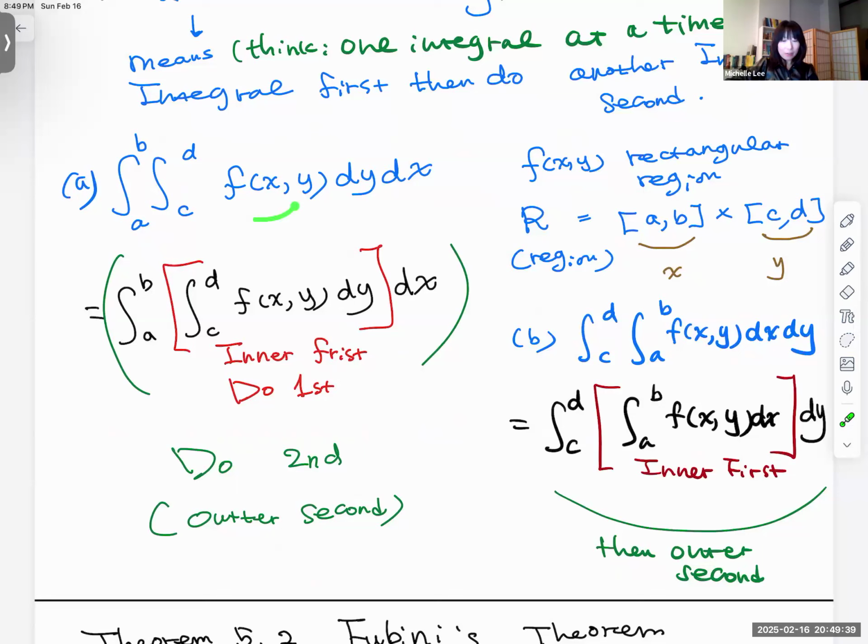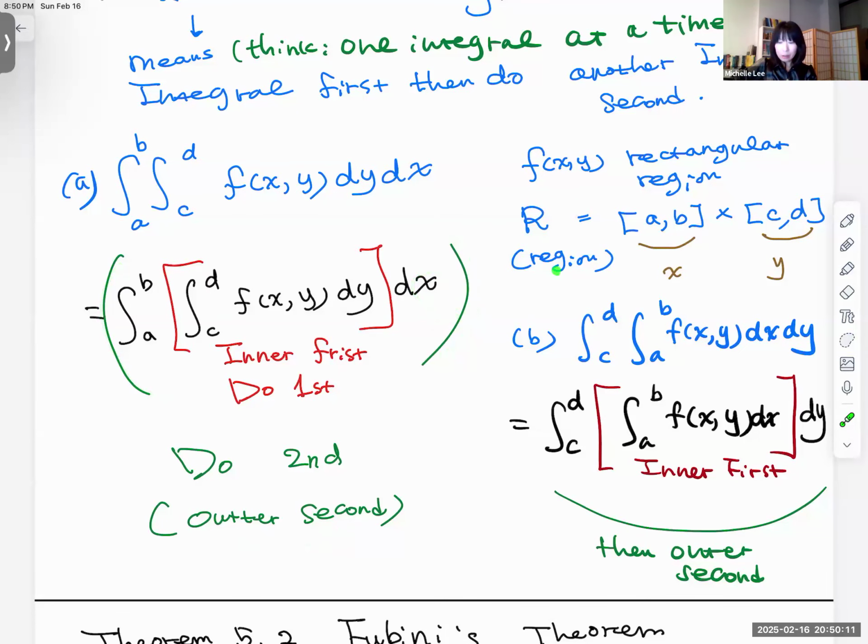We have the function and dy and dx, a double integral. That means we do the inner first. In that case, we integrate with respect to y first because we can see the dy, and then we integrate with respect to x later, the outer second.